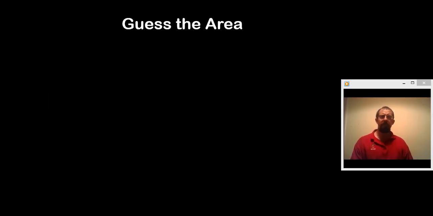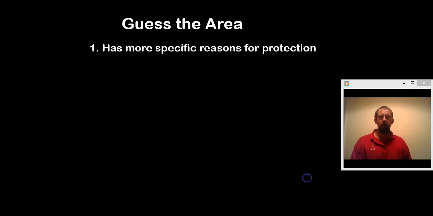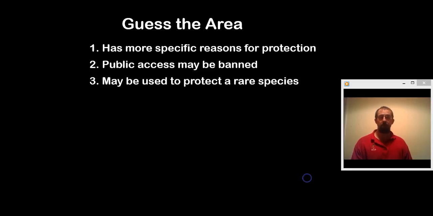So have a look at these little statements and see if you can guess which area it's referring to. Firstly, this has more specific reasons for the protection. Public access to the area might be banned. And it may be used to protect a rare species.